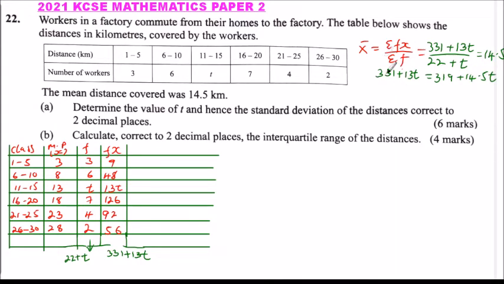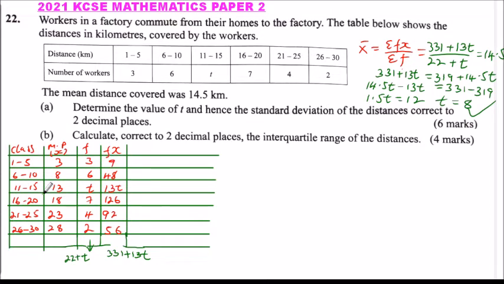Putting the like terms together, 14.5t minus 13t is equal to 331 minus 319. 1.5t is equal to 12. You divide both sides by 1.5, you get t is equal to 8. So t is equal to 8.